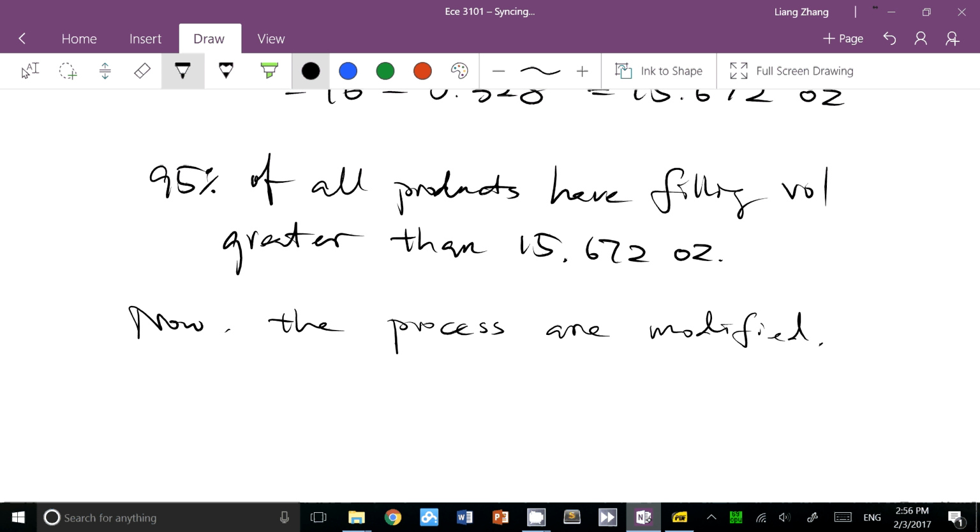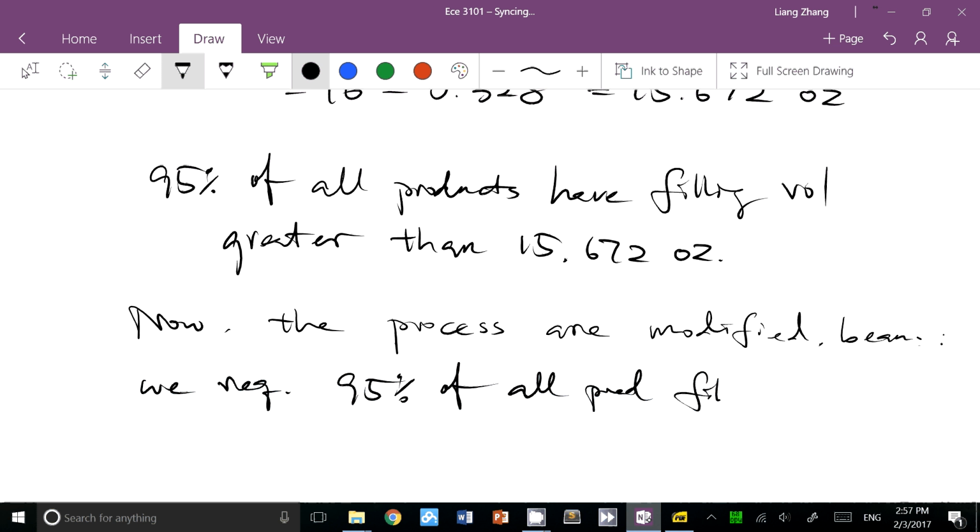Because the manager said we require 95% of our products to have filling volume greater than the marked volume, which is 16. We want this to happen.